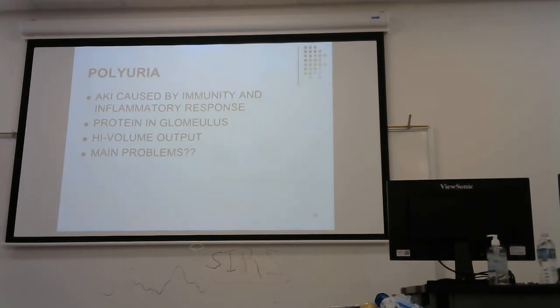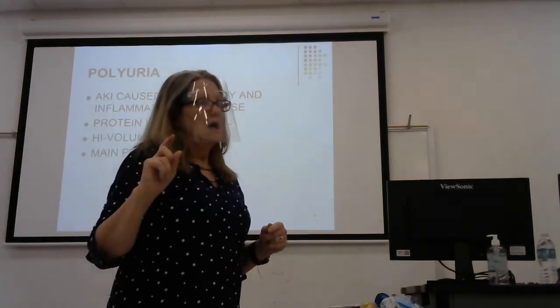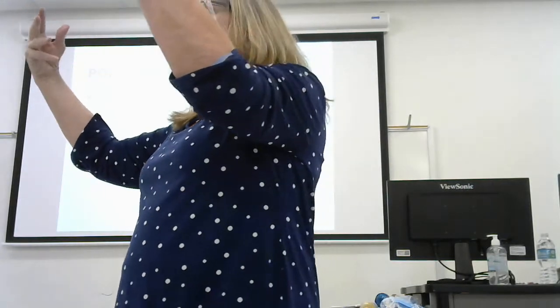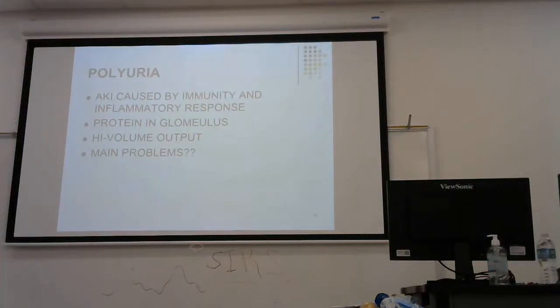So they have a high volume output, but because that volume's gone, their electrolytes will be high, and they'll be dehydrated, because we've let all this volume follow that protein. So where we were watching their fluid intake because they were holding on to water, when they get to this phase and you see a ton of urine coming, now you've got to worry about them getting dehydrated.